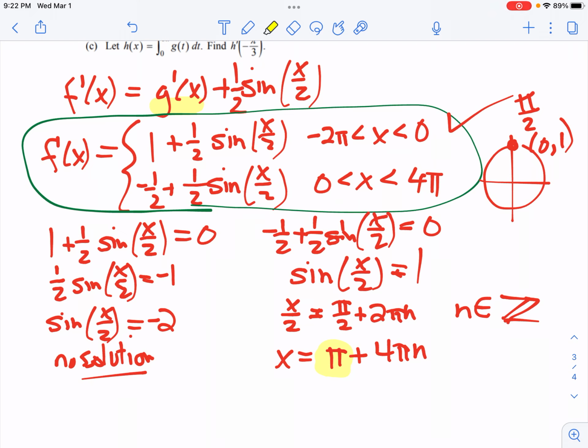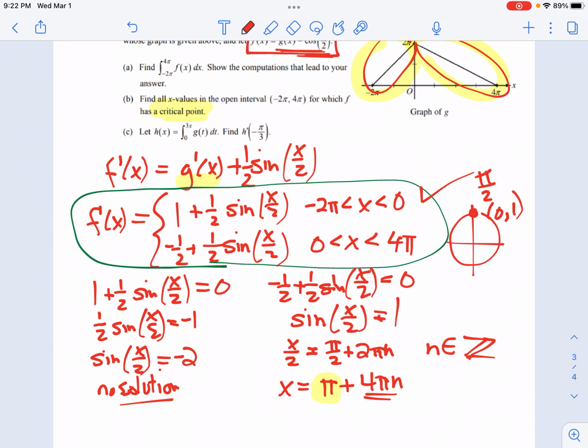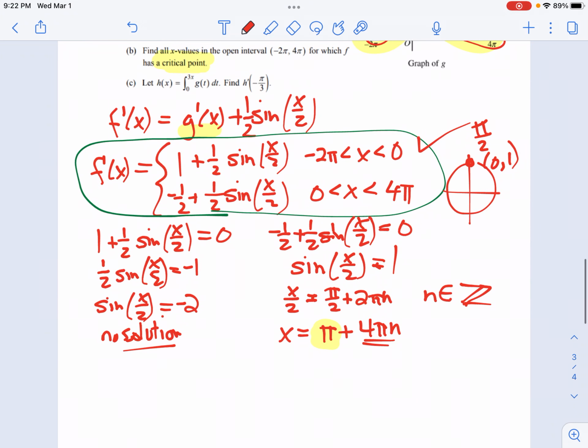And then every 4 pi before or after that is going to generate answers. My domain is only from 0 to 4 pi, not including 4 pi. So my one answer is going to be pi.